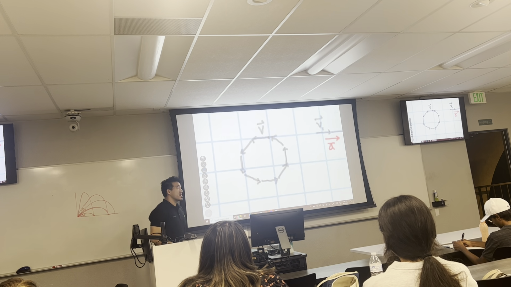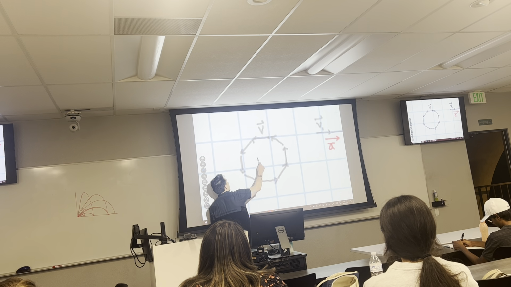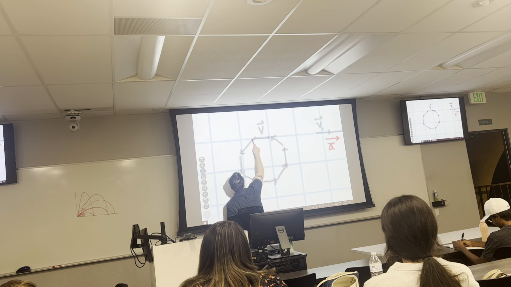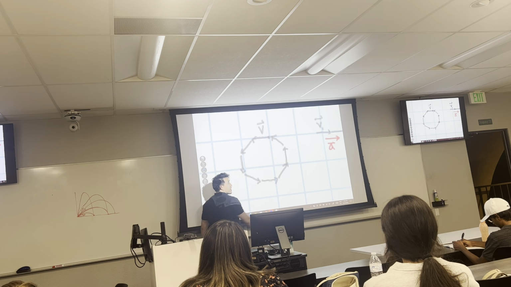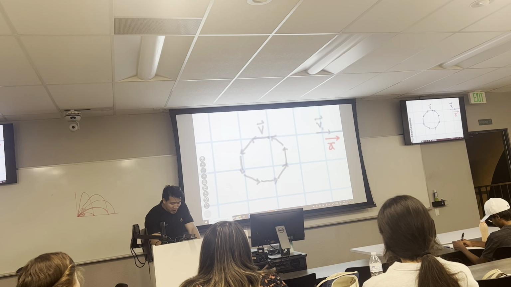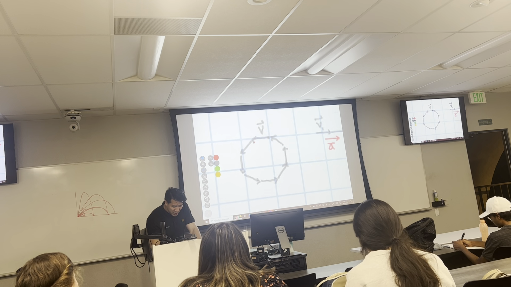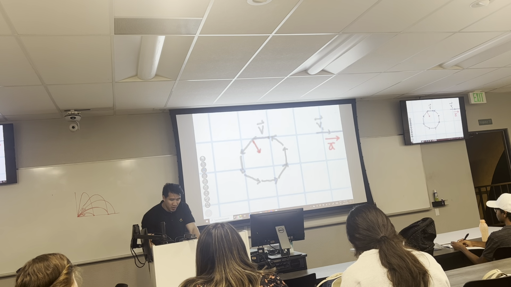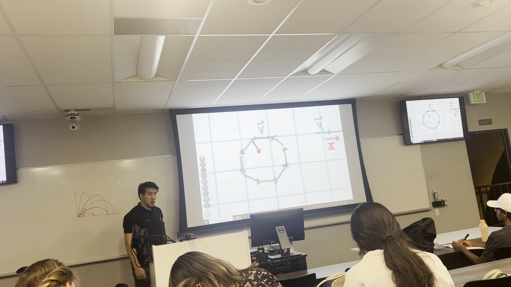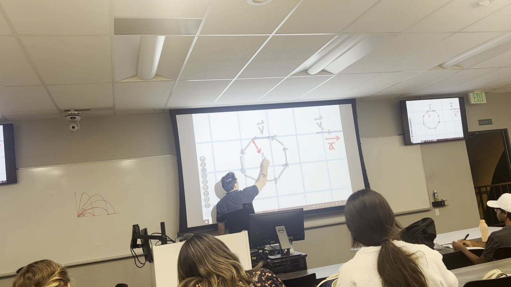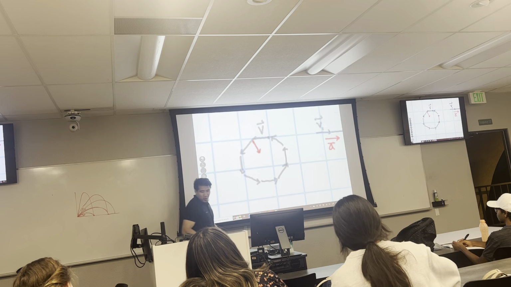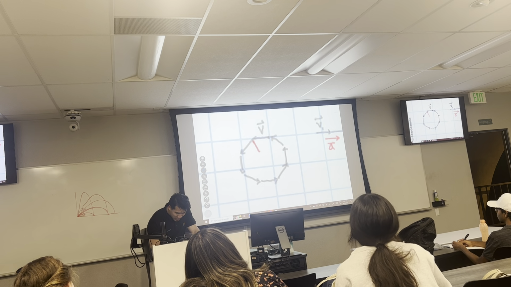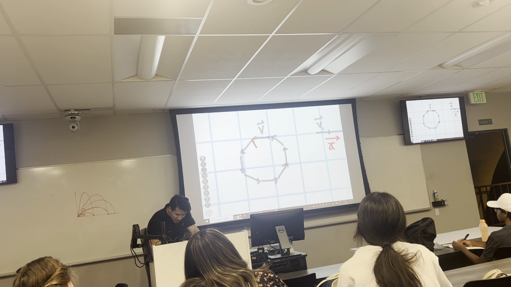Let's do that same idea over here. How do you go from this to that? You would have to add a vector pointing in this direction. So this vector plus, I think that was a little bit too long. I think it should have been something like that.